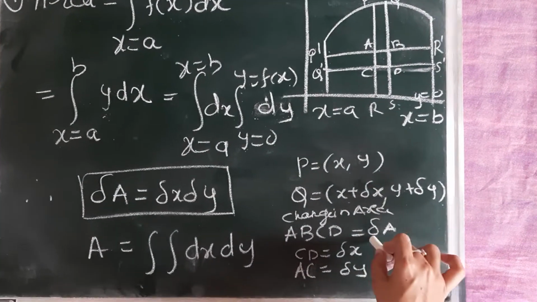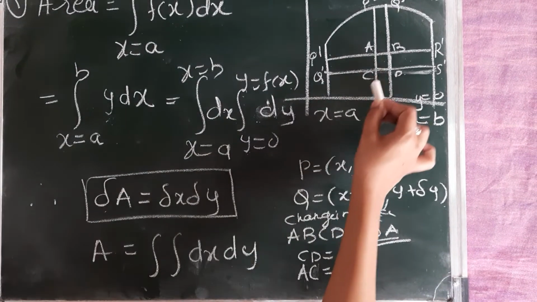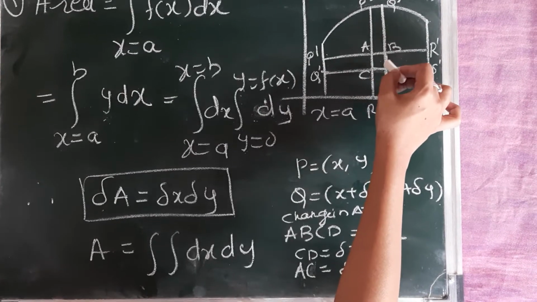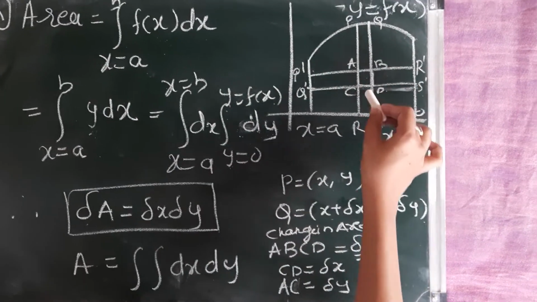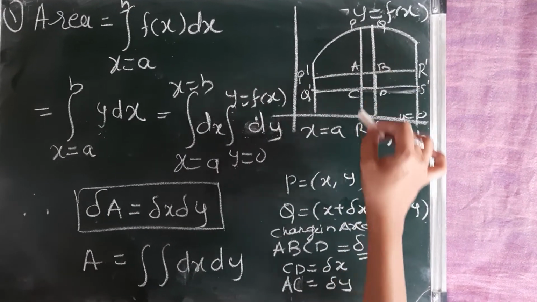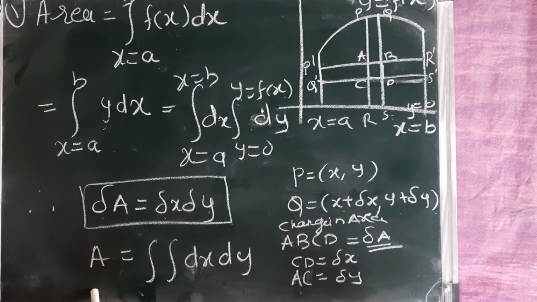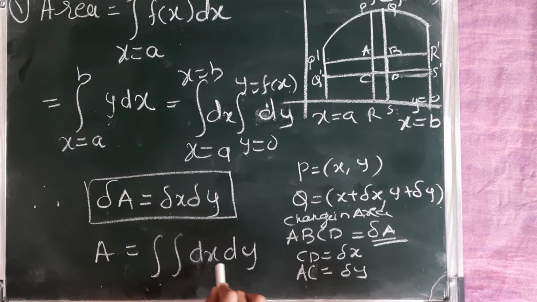So the change in area delta A will be the area of the square, which is length into breadth. If I consider it as a rectangle, it is delta x into delta y. So area will become double integration dx dy.